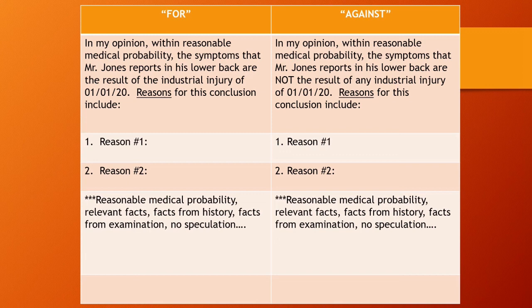Well, your opinion or conclusion basically boils down to one of two things. You're either going to provide an opinion for industrial injury or you're going to provide an opinion against industrial injury. And regardless of what your opinion is, the opinion that you offer in your report must constitute substantial medical evidence, or else the parties can't use that opinion to resolve the dispute over compensability.